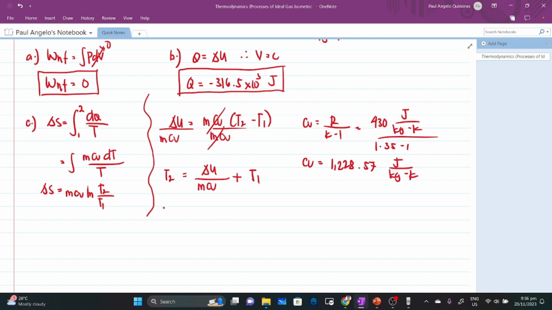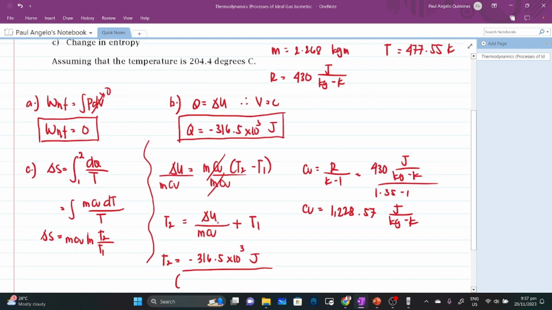So T sub 2 is equal to delta U, that is negative 316.5 times 10 to the third joules, over m, which corresponds to 2.268 kilograms, times cv, that is 1228.57 joules per kilogram Kelvin, plus T sub 1, that is 477.55.